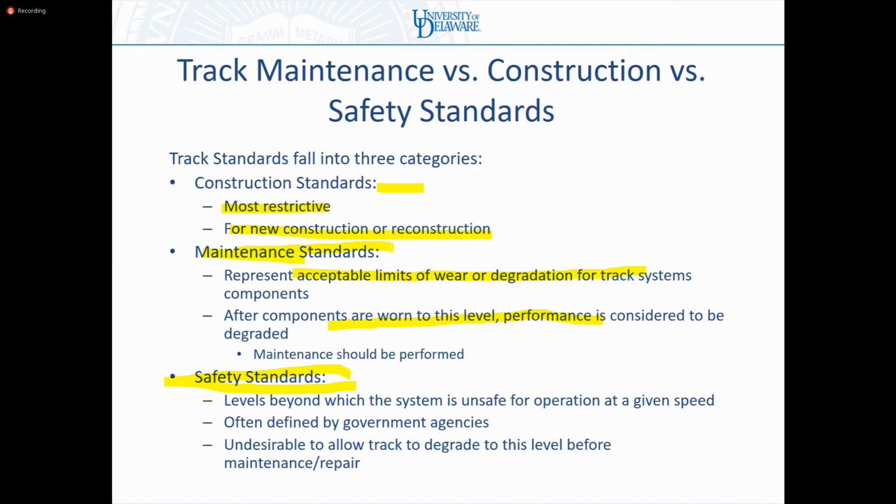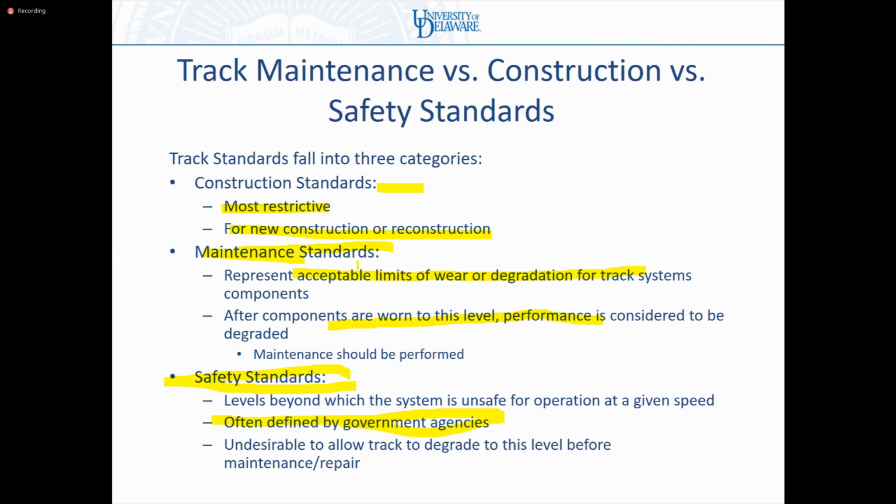Safety standards, depending on where you are in the world, are often defined by government agencies. So in Europe, England, France, Germany, the United States, all those standards are defined by government agencies. In the United States, it's the Federal Railroad Administration. In the UK, it's the British Railway Board or the RSSB that defines the standards, as opposed to the railways who define the maintenance standards.